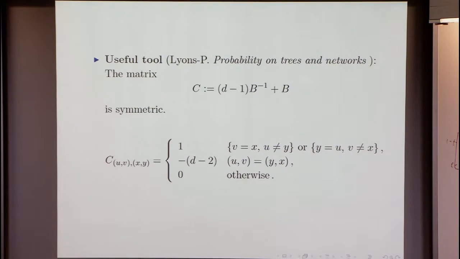C is a matrix on the same space, the edge space, as B, and it's symmetric, so we know it is diagonalizable. But when you have this form, it's easy to go back and forth between eigenvalues of B and eigenvalues of C, because if you take any eigenvalue of B and add d minus 1 times its inverse, you get an eigenvalue of C. But because C is symmetric, it is diagonalizable, and this is one explanation of the simple structure of this Jordan form.